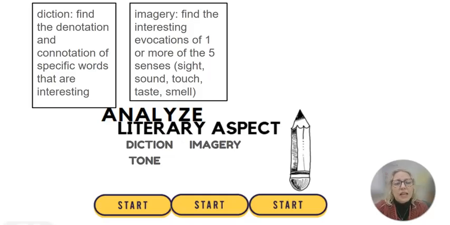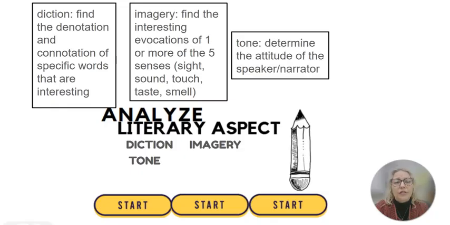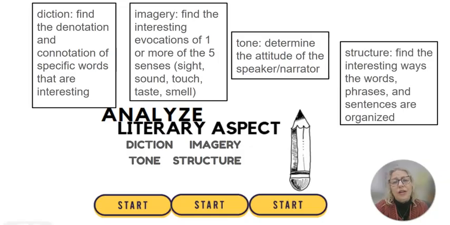Tone is something else that is in these sort of building blocks of literature. Tone is simply the attitude of the speaker or the narrator. And so determine, what is their attitude in this example? Structure is also something you can look at. Even if your larger literary aspect was not structure, you can look at the structure of the lines you're analyzing.